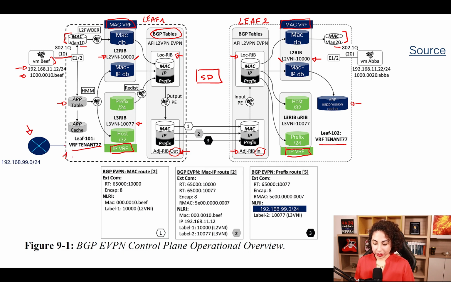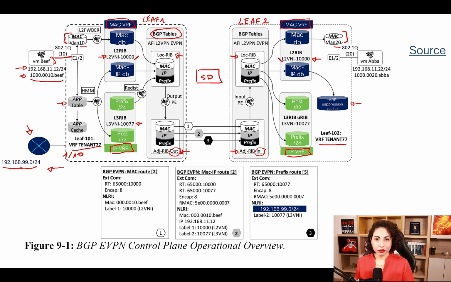Let's say that this is 1/10, and we have whatever routing adjacency. We can either consider that it is a static routing pointing to this router and actually pointing to this network 192.168.99.0/24.